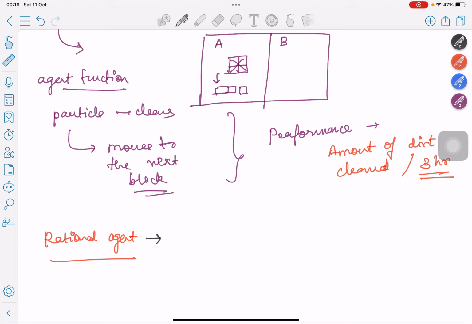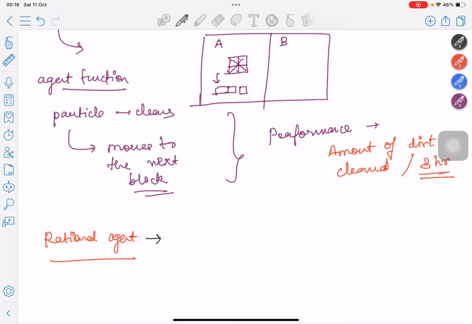But I think there is a little twist in here. Suppose we define the performance measure as the amount of dirt cleaned per 8 hours. A rational agent can also think this way: I can maximize this performance by cleaning up the dirt, then dumping it back on the floor and cleaning it up again.